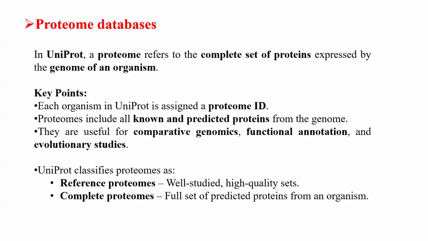What are the key points? Each organism has a specific proteome ID that I will discuss in the hands-on portion. The proteomes include all known and predicted proteins from the whole genome set, and they are useful for comparative genomics, functional annotation, and evolutionary studies.